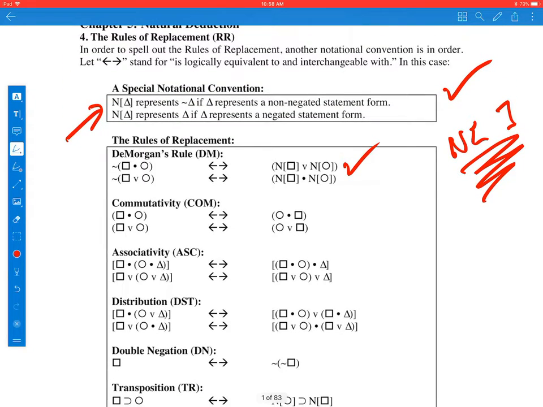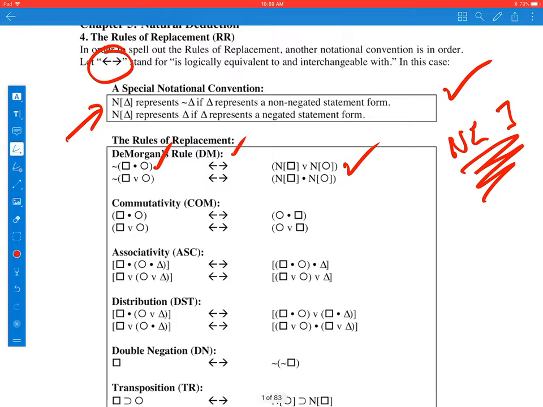One other thing, this little notation up here means is logically equivalent to. So, for example, in De Morgan's, which I have yet to explain, the expression on the left is equal to the expression on the right side and vice versa.